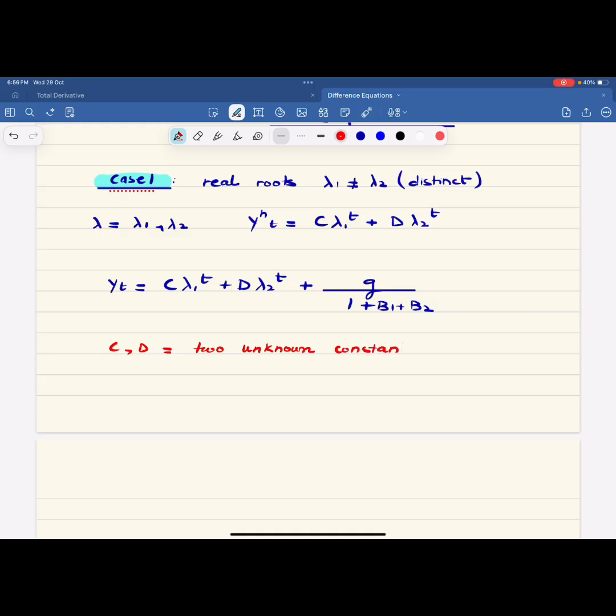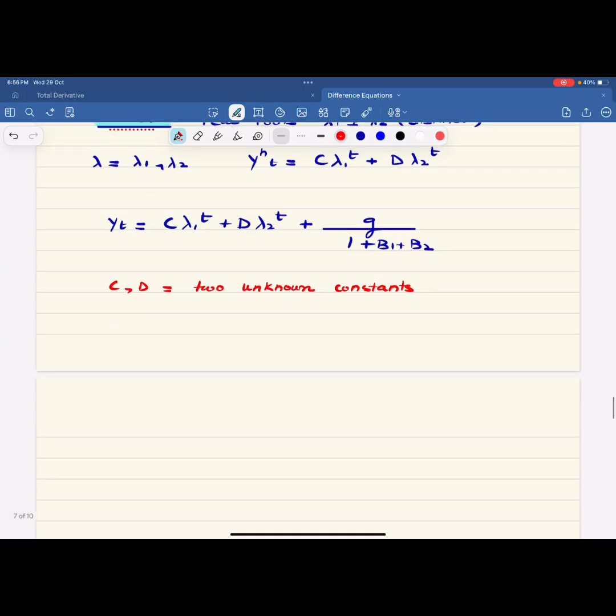In order to find these constants, we'll need two equations, because we don't want infinitely many solutions. When you have two unknowns, you need two equations.